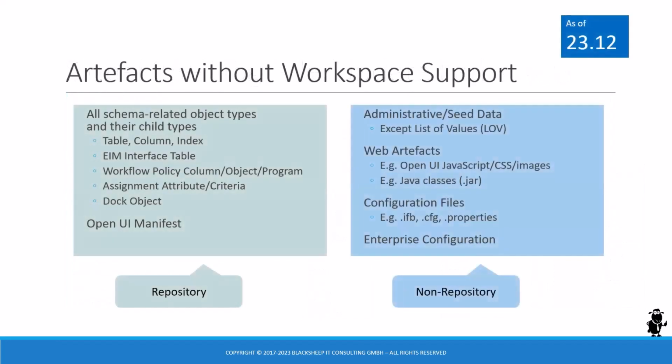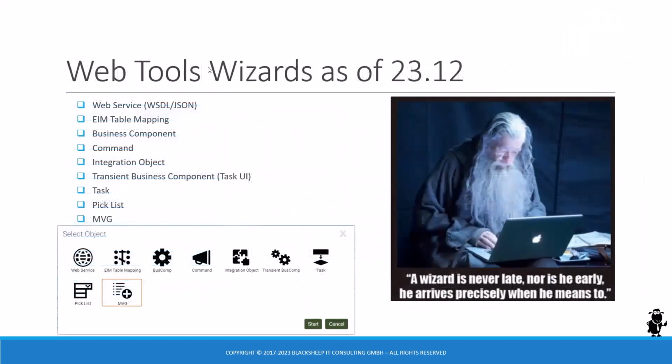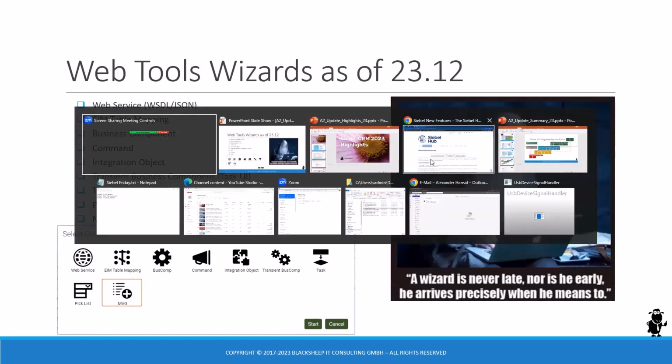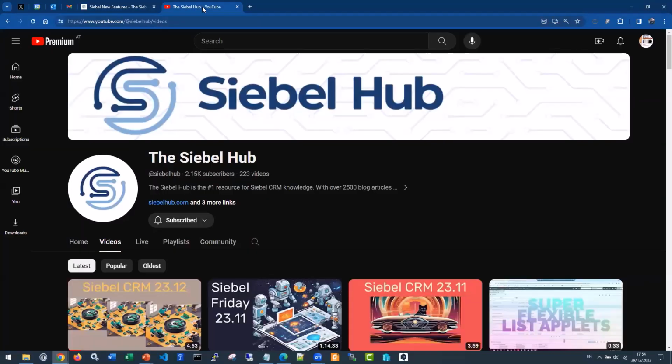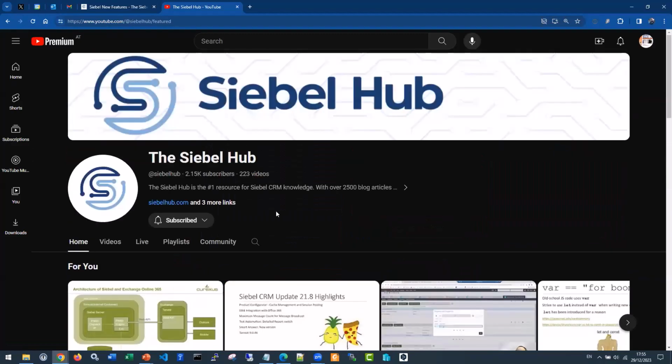Okay, so I think we covered all the highlights. Not a complete list, so towards the end of this session, if you watch the replay, the Siebel Hub channel, we have this on the homepage, of course.